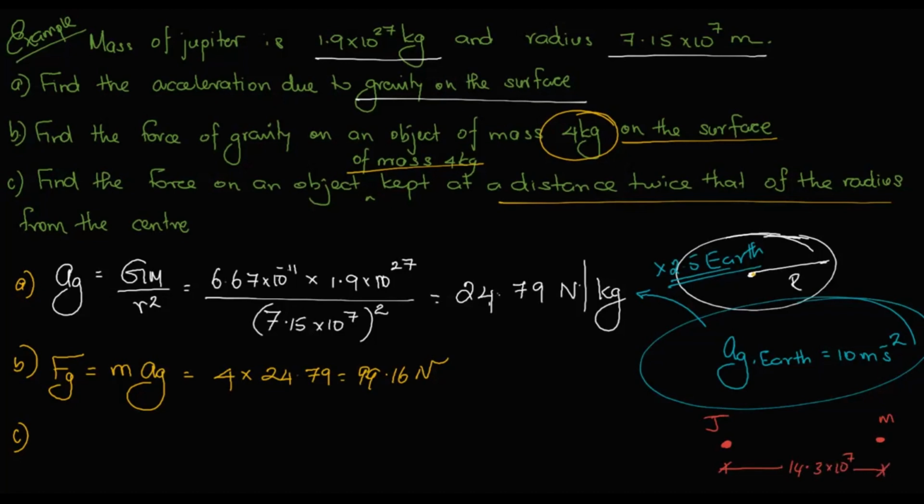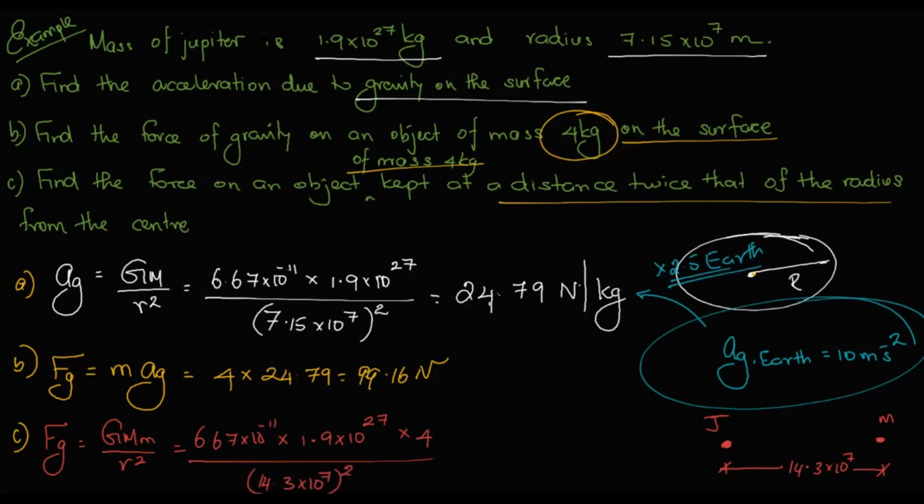And we are looking at the force acting on that mass. So it is force due to gravity. We have to apply the other equation, GMm over r squared. It is 6.67 times 10 to the power of minus 11 times mass of Jupiter 1.9 times 10 to the power of 27 times mass of the other object, 4, divided by the radius, which is 14.3 times 10 to the power of 7, whole thing squared.